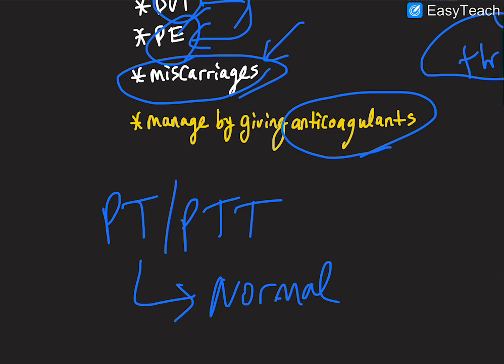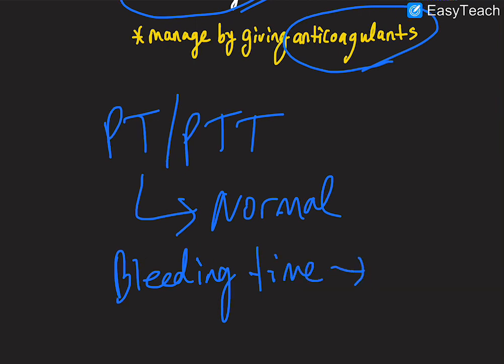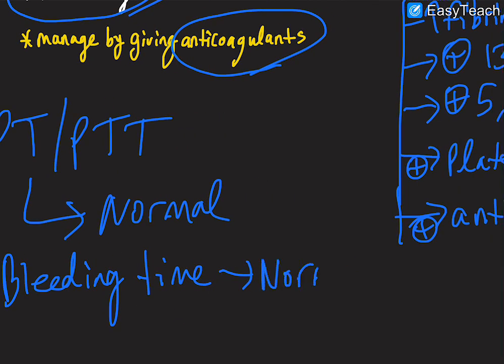And with the bleeding time, because we're not deficient in platelets and nothing's wrong with our platelets, like our glycoprotein 1B, 2B, 3A is working fine too, and we don't have severe thrombocytopenia, our bleeding time would also be normal. As compared to when we look at something like DIC, for example.